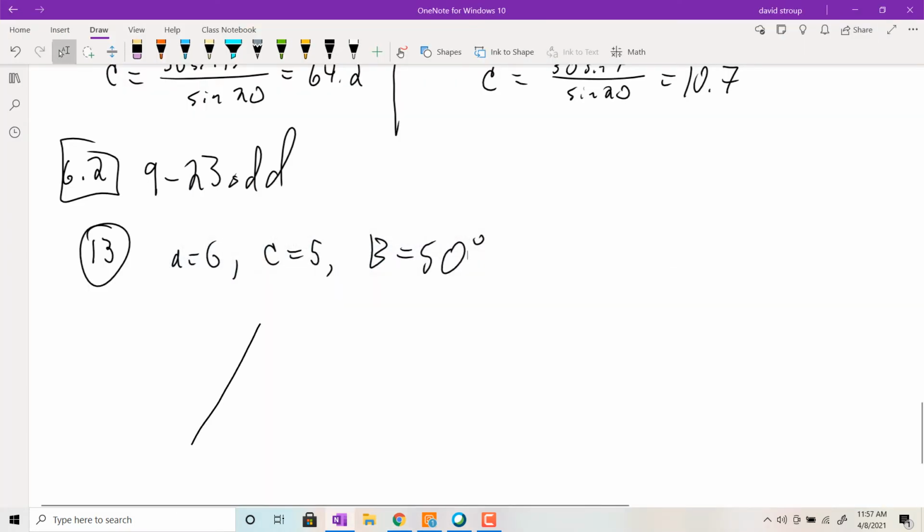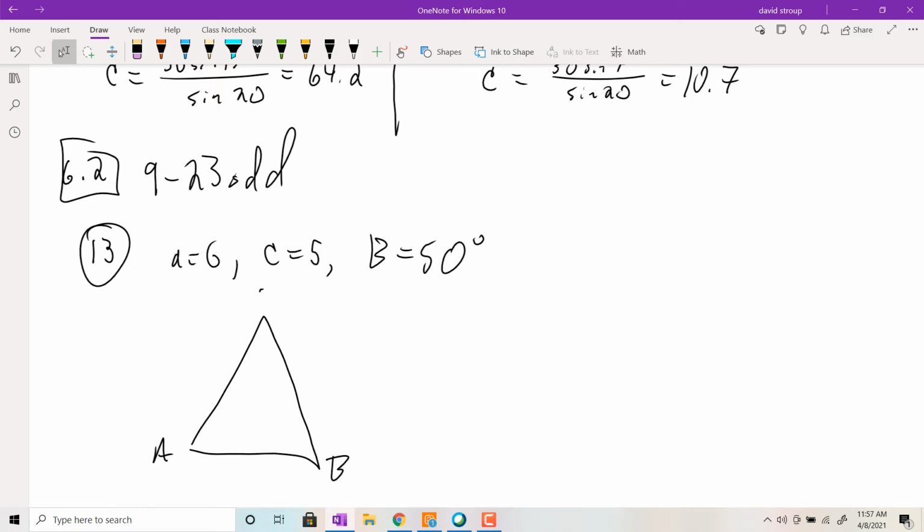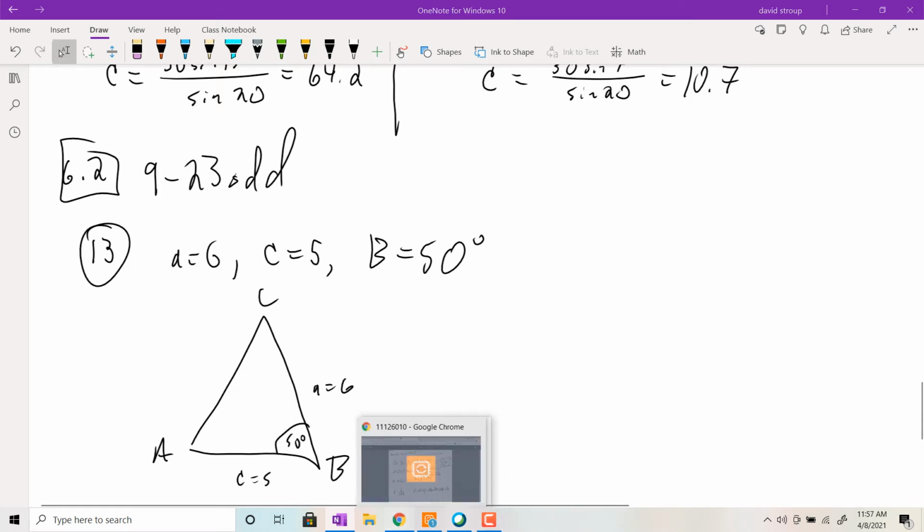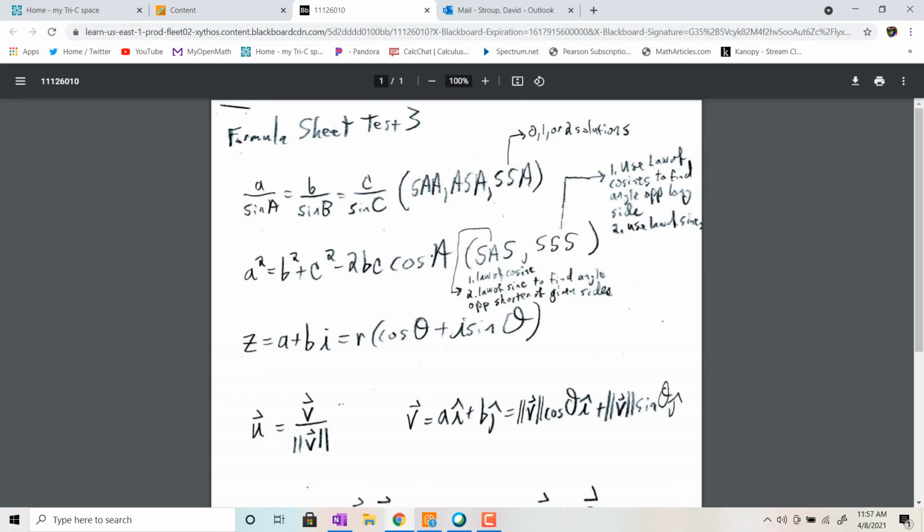So let's go to the picture. Yeah, it's A, B, C. Little a is 6, little c is 5, and B is 50 degrees. So it's clearly side, angle, side. There's no way to interpret it any other way without skipping an angle or a side. So I have to use the side, angle, side method.